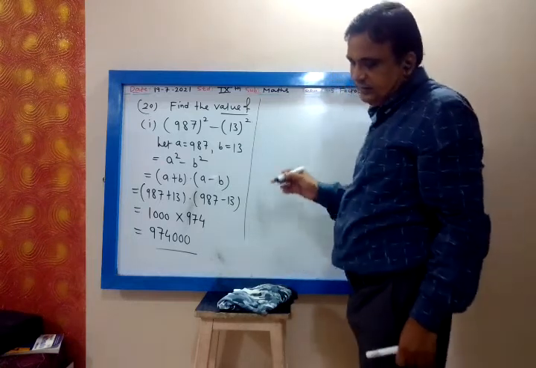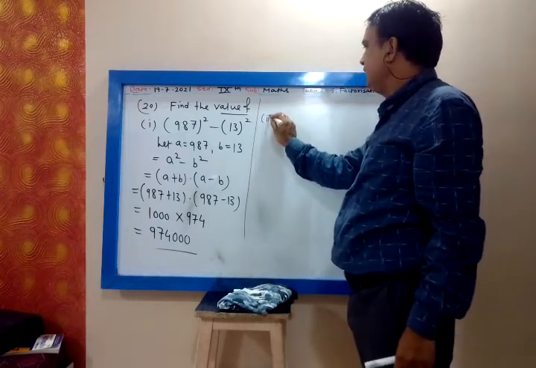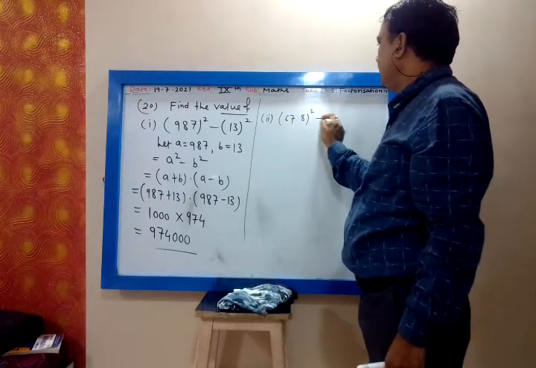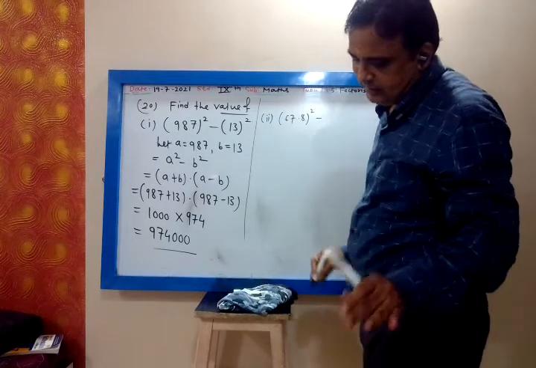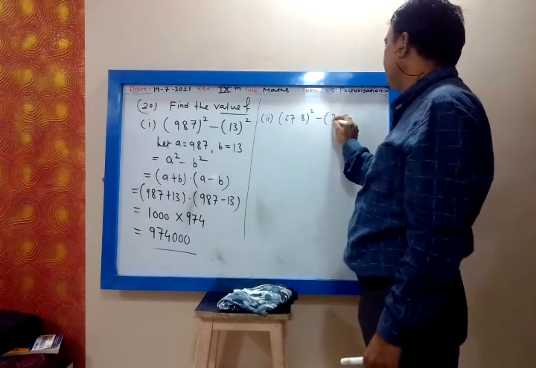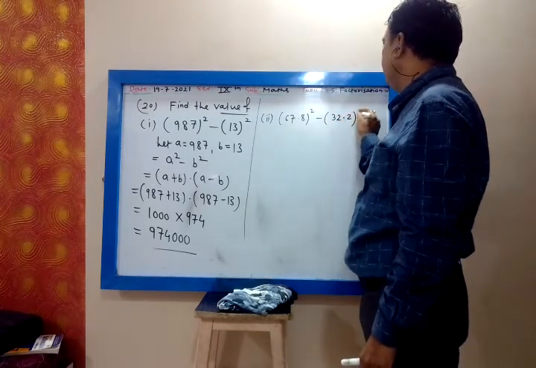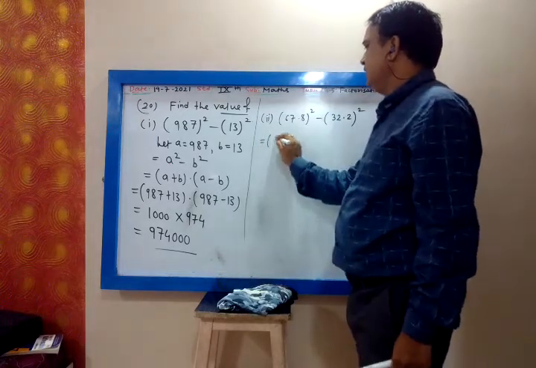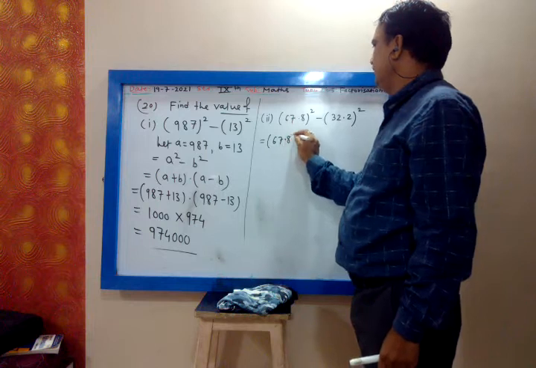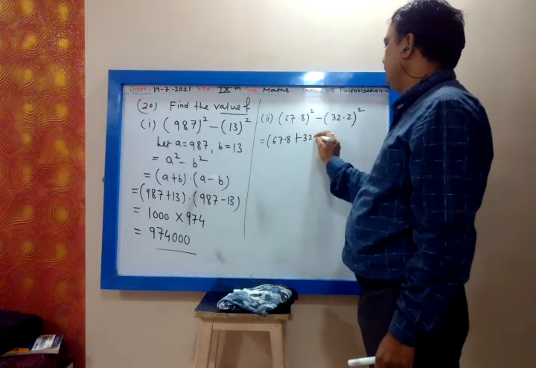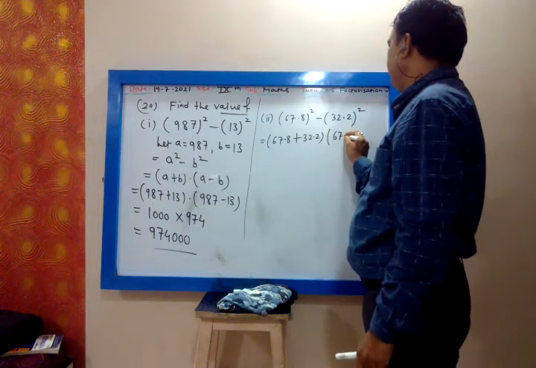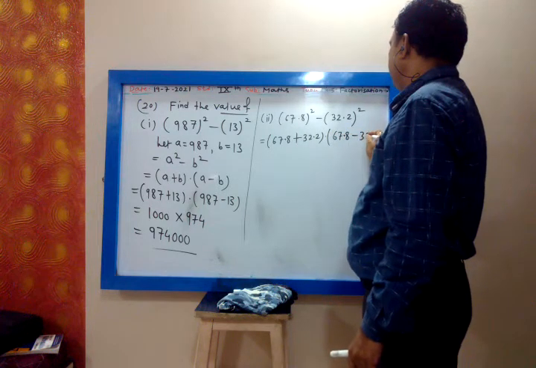Then second, 67.8 square minus 32.2 square. You can directly write it using the formula A square minus B square. So 67.8 plus 32.2 into 67.8 minus 32.2.